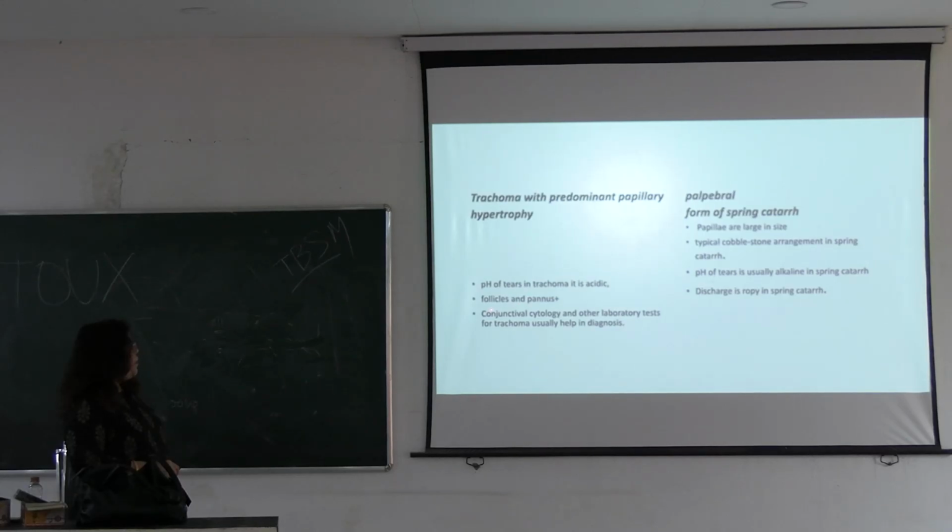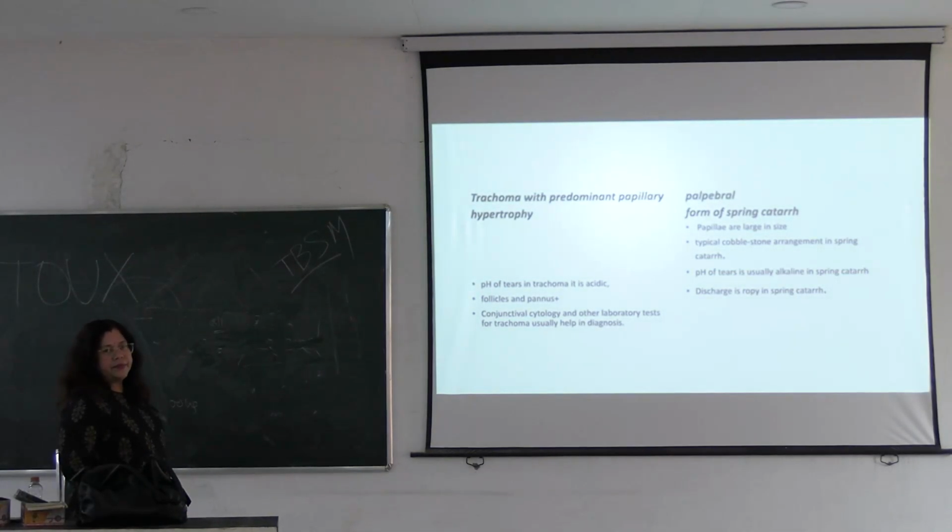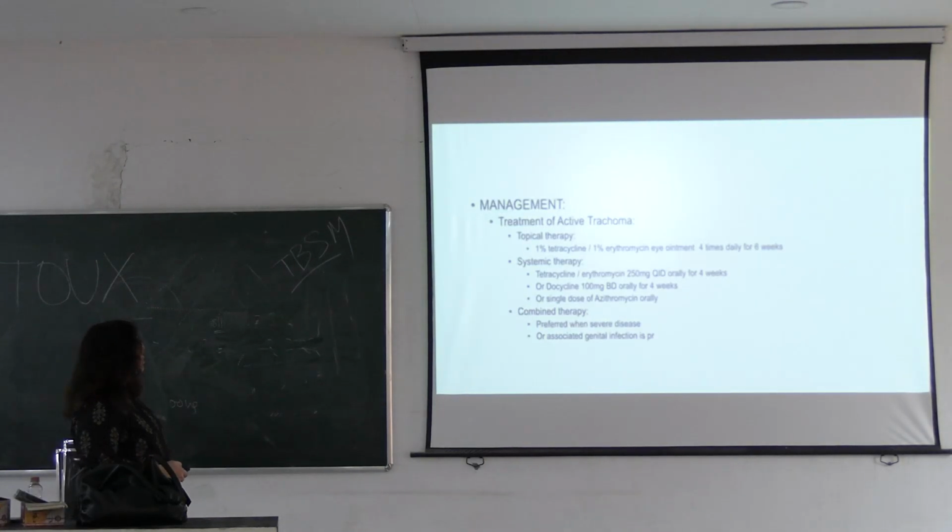In trachoma, follicles and pannus are present, but in spring catarrh they are absent, and hypertrophy is more marked, the typical cobblestone appearance. In spring catarrh, discharge is ropey, and in trachoma, discharge is mucopurulent because of secondary bacterial infections.